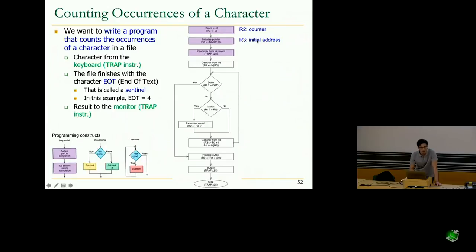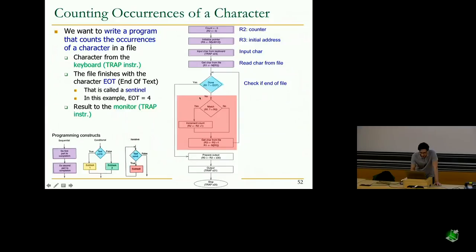This is a trap instruction that we use to take the input from the keyboard. Now we go to the file, we go to memory, and we read one char from the file. Here, we check if the char that we just read from memory is the end of the file or not. If it's the end of the file, we will finish.